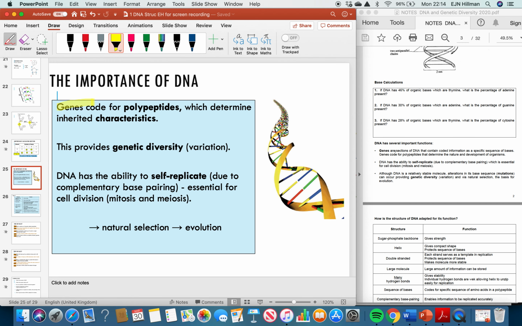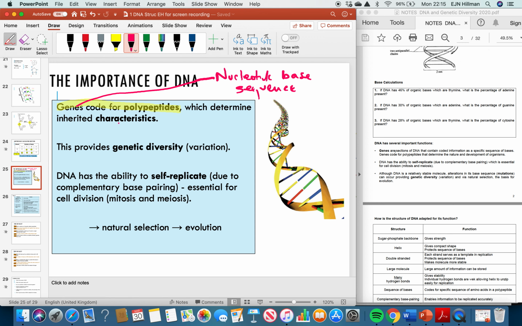Genes code for polypeptides. More specifically, as we said before, the nucleotide base sequence codes for a polypeptide.